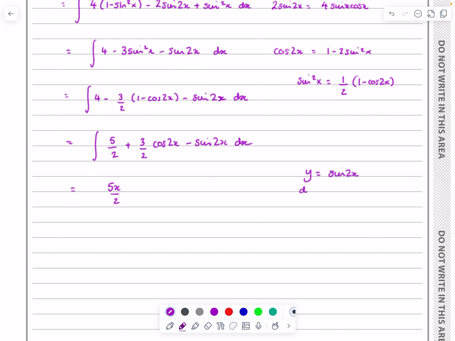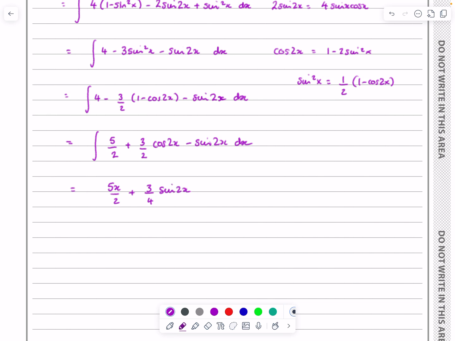When you differentiate sin 2x, you get 2 cos 2x, so the integral of cos 2x would be a half of that. But as I say, at this stage you shouldn't need to do that. You should be able to do these straight off the bat. So that's a half of 3 over 2, so that's 3 over 4 sin 2x.